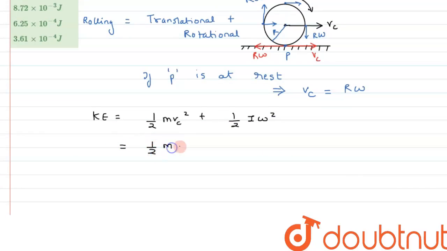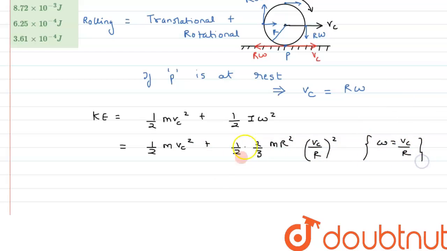Half m, where m is the mass of the hollow sphere, vc square, plus half I, where I is the moment of inertia of the hollow sphere, that is 2 by 3 m r square, and instead of omega we can write vc by r the whole square. Here omega is nothing but vc by r, and the moment of inertia is 2 by 3 m r square.